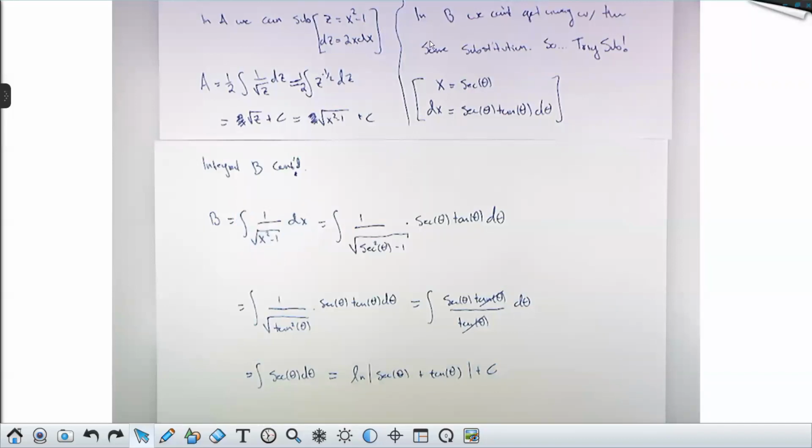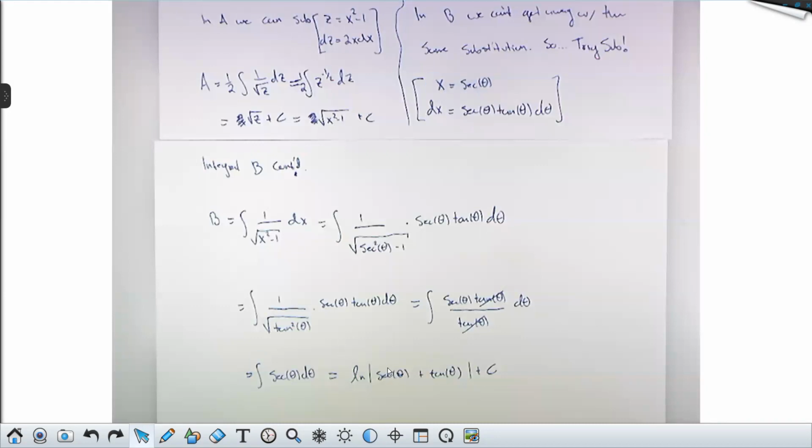The nice thing about this substitution, where you're doing the backward substitution, x is a function of theta rather than theta is a function of x, is that plugging in for the differential is super simple. The bad thing is that when you get to the end and you have to go back to your original variable, which again, you only need to do if you're doing an indefinite integral, but that is what we're doing here, is that going back to the original variable isn't super simple.